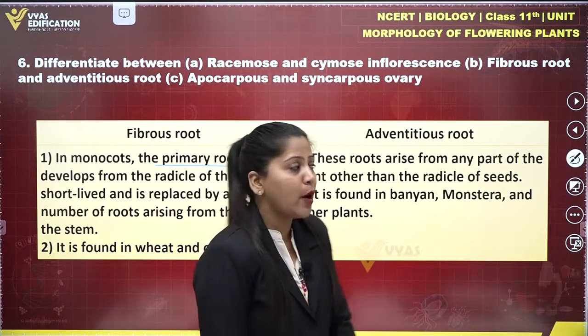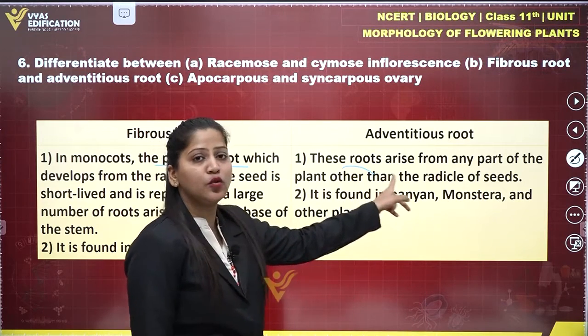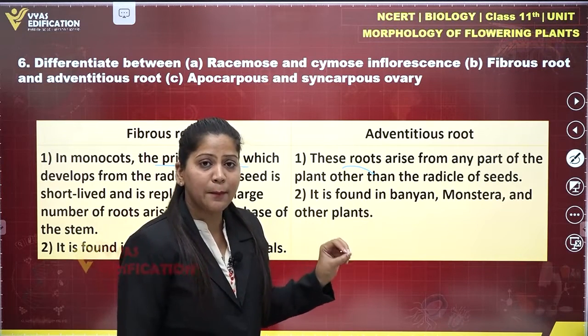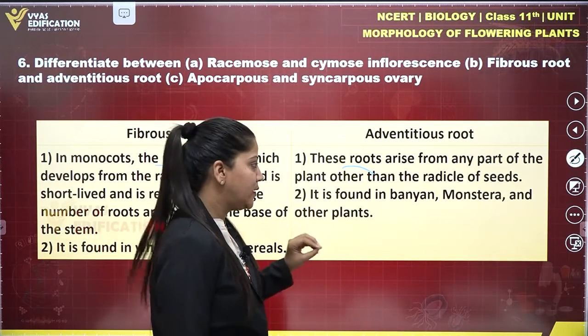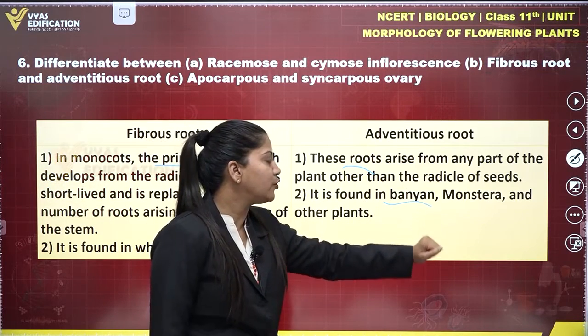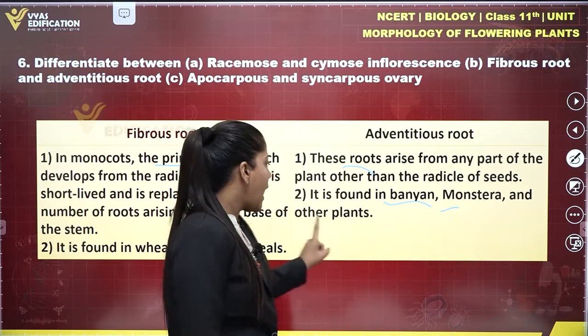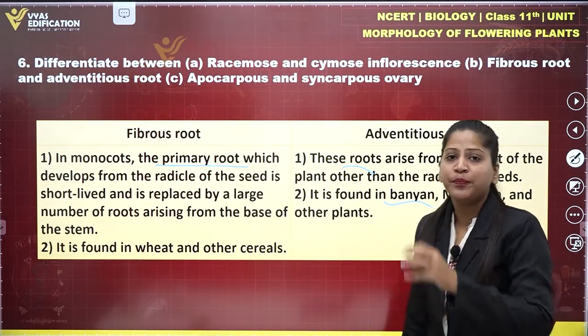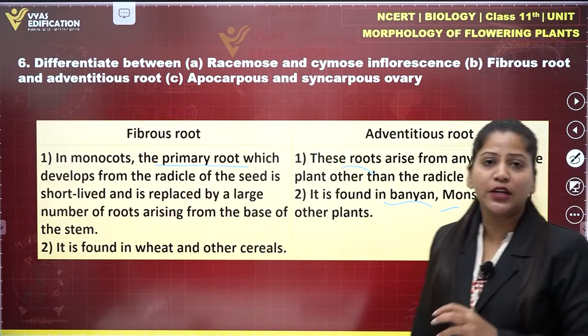Now, if we talk about the adventitious root, these roots arise from any other part of a plant except the radicle of a seed, and these kind of roots are found in banyan tree, monstera and some other plants, right? So these are the differences between the fibrous and adventitious roots.